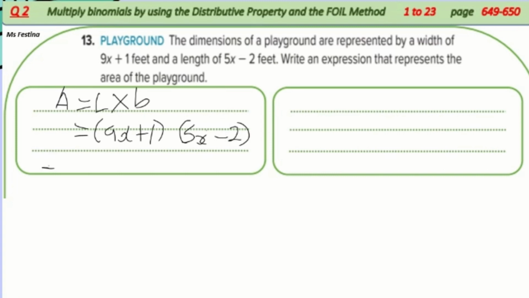So now here you need to simplify further. You're going to use the distributive property and multiply what's in the first bracket by the second bracket. So 9x multiplied by 5x, you use your calculator, you will get 45x squared.